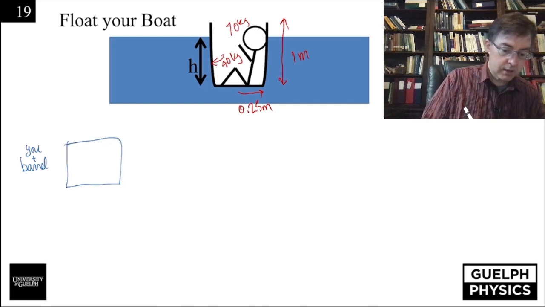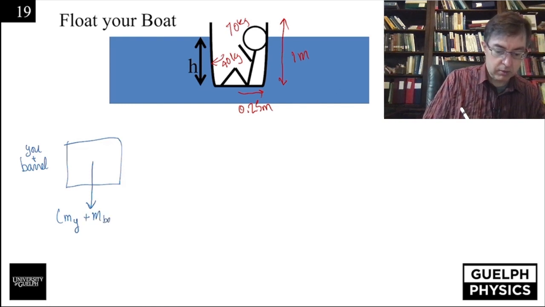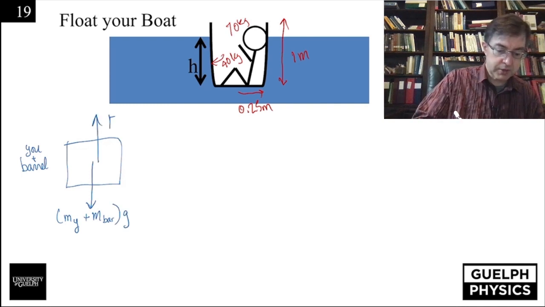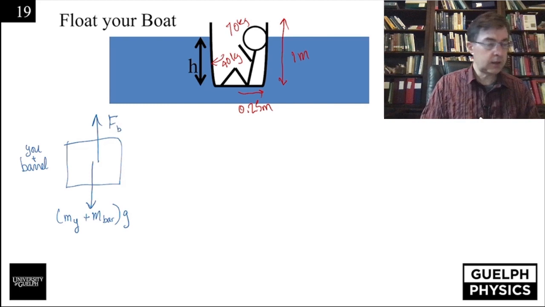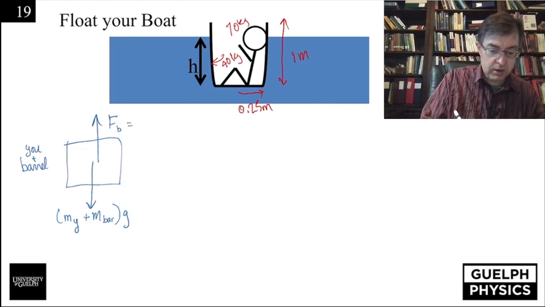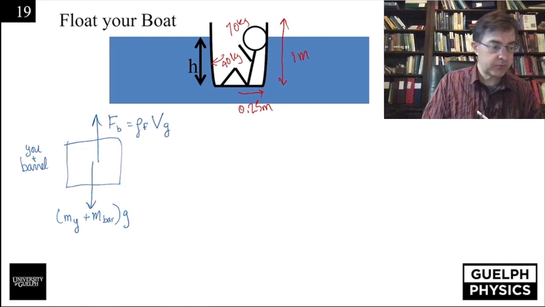Okay, there's a weight acting downwards, which is the mass of you plus the mass of the barrel, times gravity. And then there is a buoyant force acting upwards. And this buoyant force depends on rho f times the volume of fluid displaced times g.